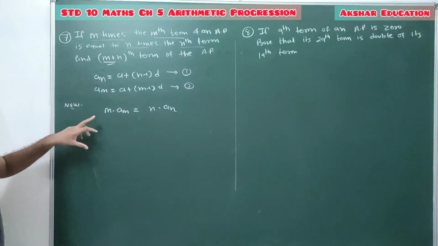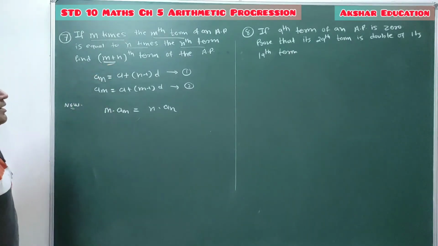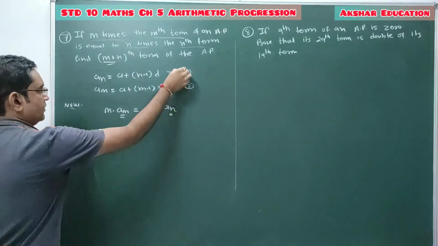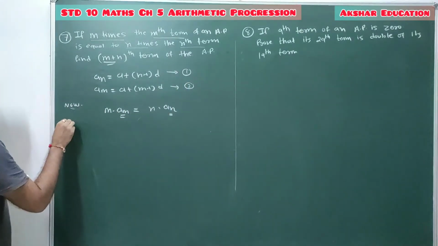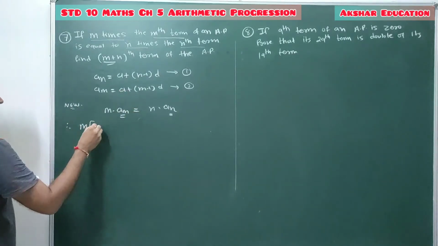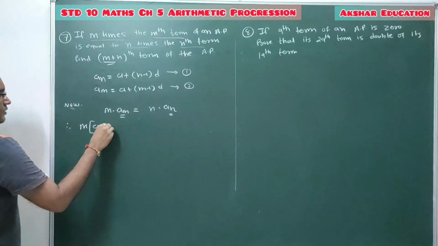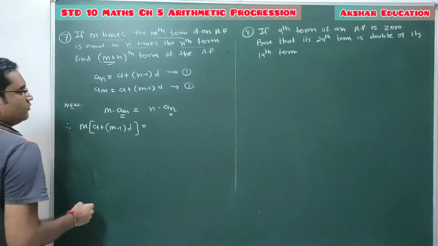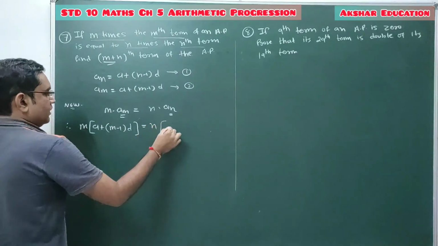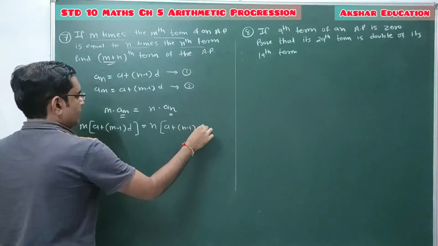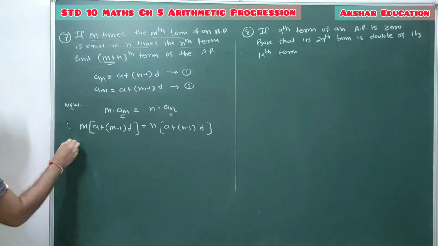From this you have to obtain the (m plus n)th term of an AP. Now put the values of am and an from result 1 and result 2. So m times am, so a plus m minus 1 into d, equal to n times an, a plus n minus 1 into d.